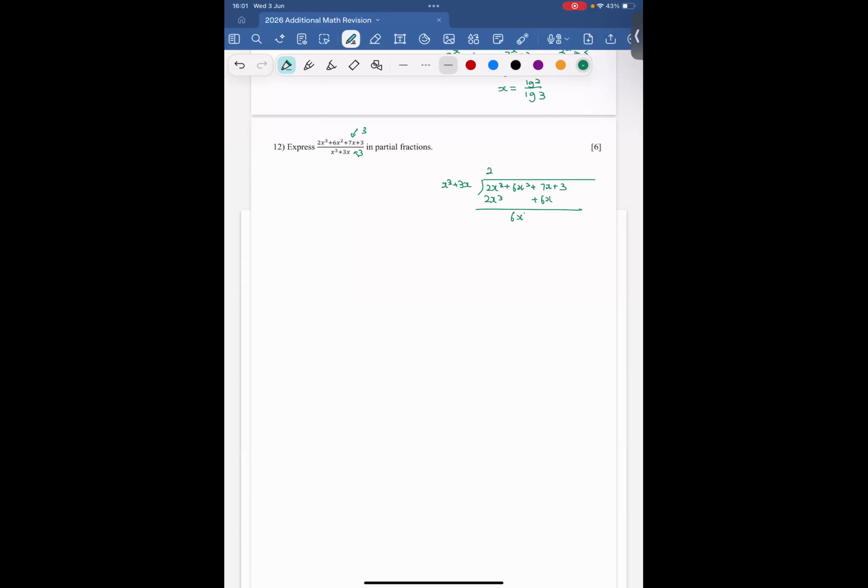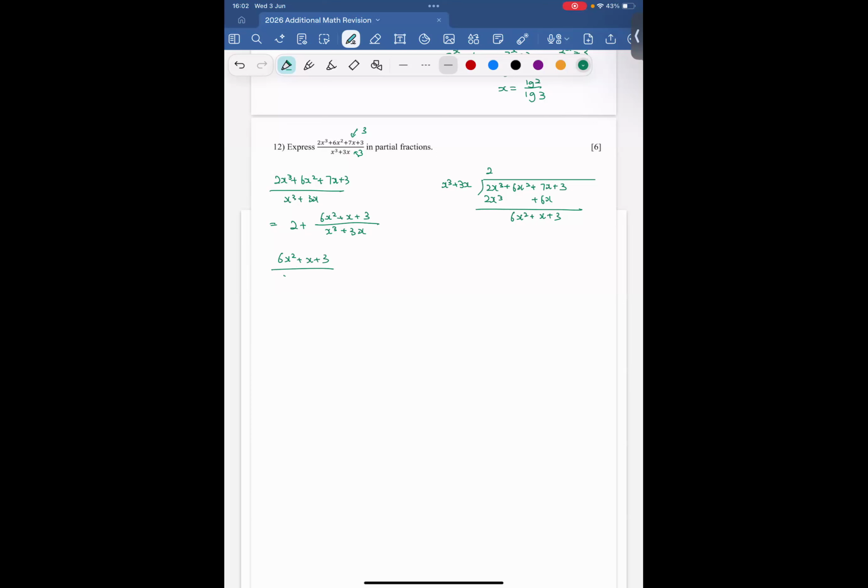So we subtract, we get this. Okay, so we know that this fraction can be rewritten as 2 plus (6x^2 + x + 3) over (x^3 + 3x). Okay, what we do, we only partial fraction this. We don't need to partial fraction the 2, okay? So we just partial fraction this.